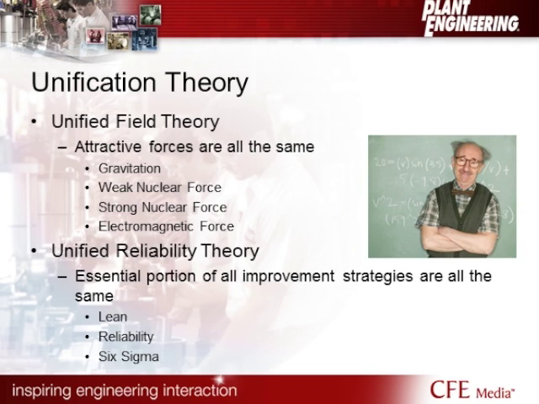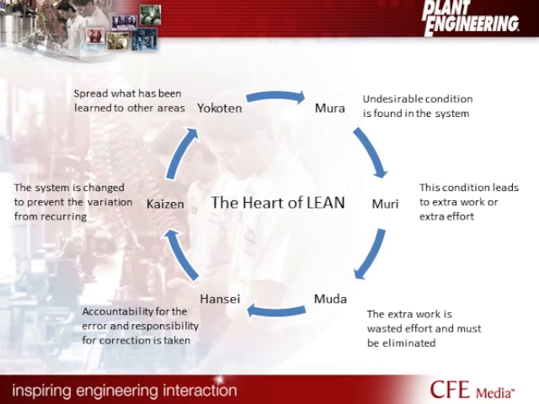Now we'll move on to the next slide where we talk a little bit about the heart of Lean. You see a graphic on your screen, and here we're looking at that cycle as we go through Lean. The first thing I'm going to talk about is Mura, an undesirable condition found within the system. The next area you see is Muri, a condition that led to extra work or extra effort.